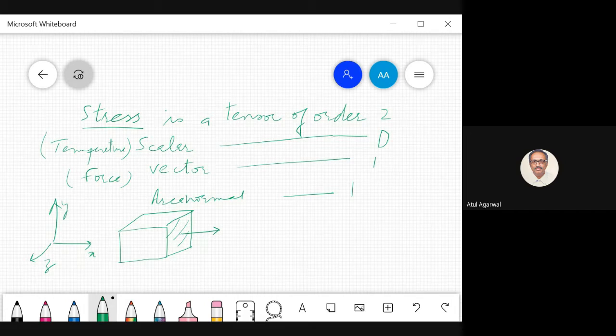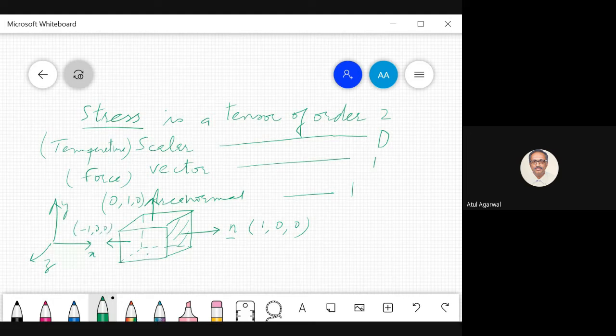So what is the direction cosine of this normal vector? This normal vector has these direction cosines. Similarly, you have got this normal vector. The direction cosines are 0, 1, 0. This normal vector has direction cosines minus 1, 0, 0.